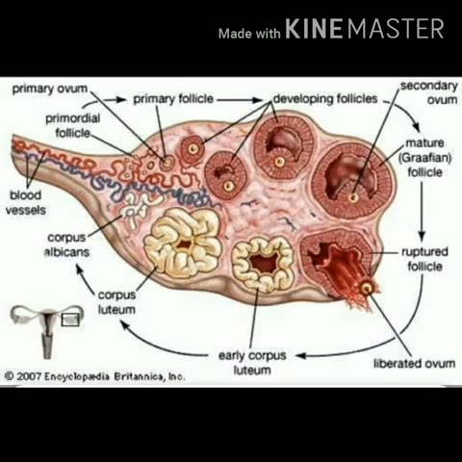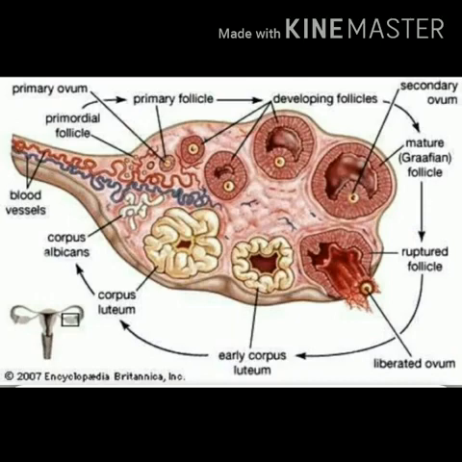This liberated ovum is taken up by the fimbriae, which is part of the reproductive system of the female. The egg is released from the Graafian follicle during ovulation and the remaining part of the follicle changes into a temporary endocrine gland called corpus luteum.